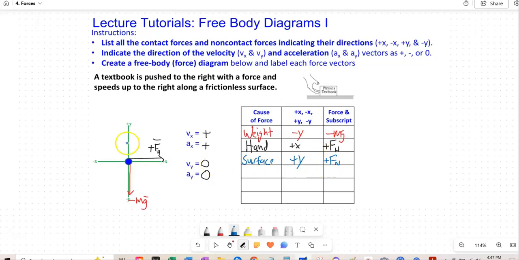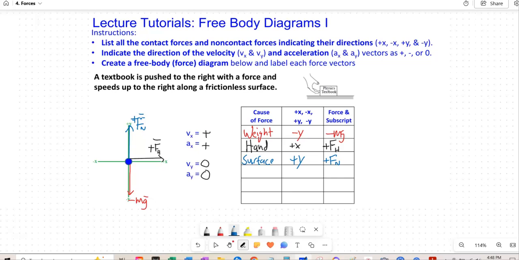And the normal force is pointing in the positive y direction, we've said. And that is the first couple problems on this tutorial.